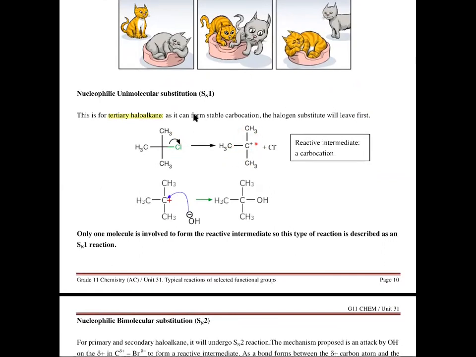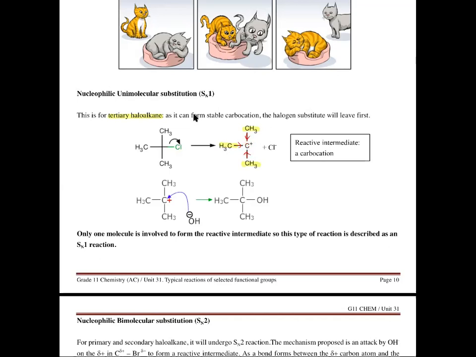For this carbocation, remember the alkyl group can stabilize the carbocation by what we call the inductive effect. We mentioned that in unit 27. The alkyl groups donate electrons towards the central positively charged carbon, so that it stabilizes this carbocation and makes it less positive.